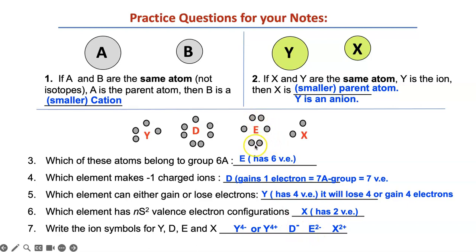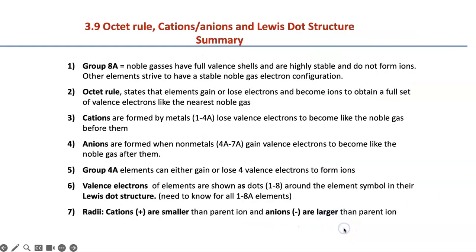And E, since it has 6 electrons, will gain 2 and make an E2 minus ion. And X will donate its 2 electrons. This is an alkaline earth metal. It'll give up 2 electrons and make a +2 ion. And that's it. So here is our review.